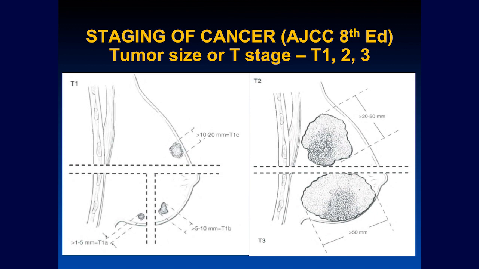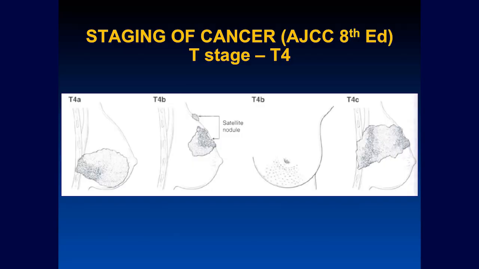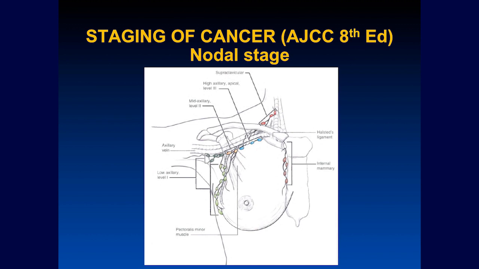In terms of nodal stage, that's the other component we use in understanding the stage of breast cancer. This is all the various nodes surrounding the breast where the cancer cells can travel. Depending on where, how many, and to what extent these lymph nodes have cancer, we define the nodal stage, which can be N1, N2, N3, and the like.